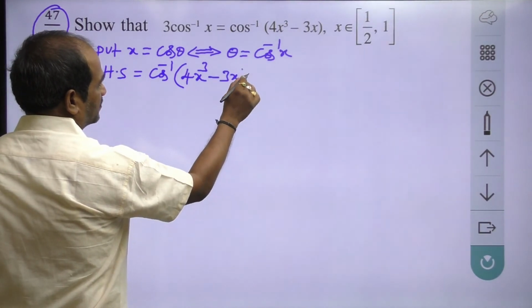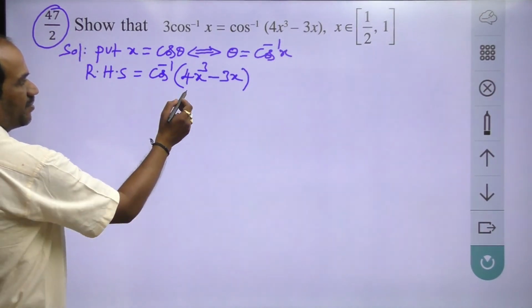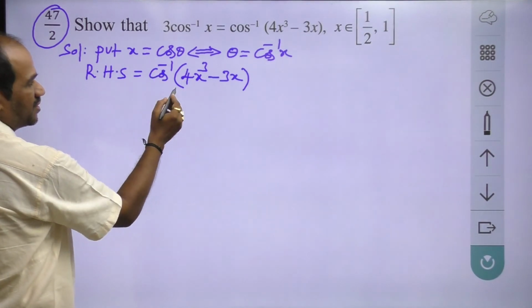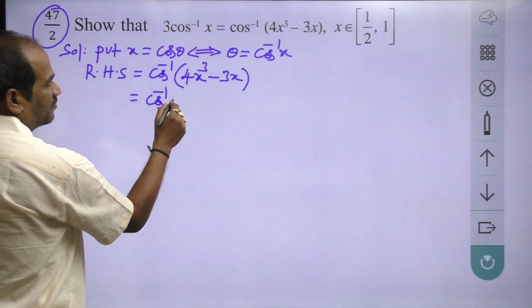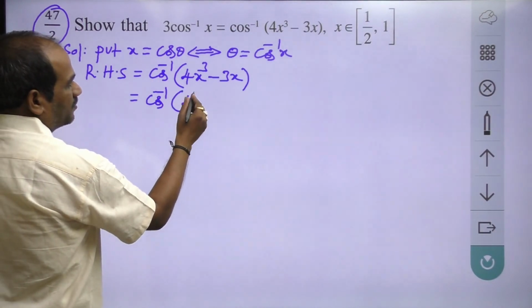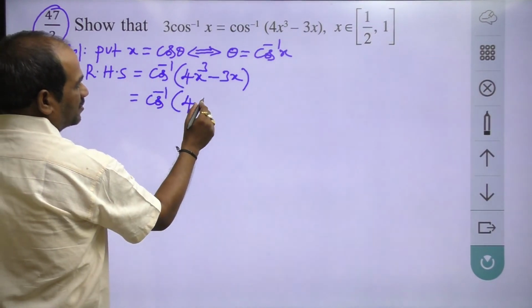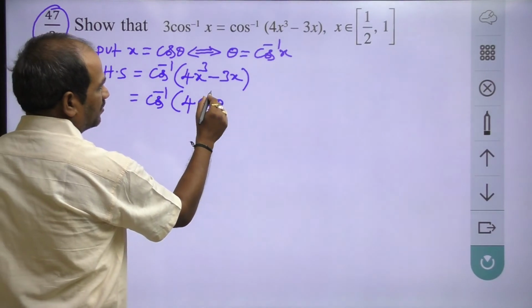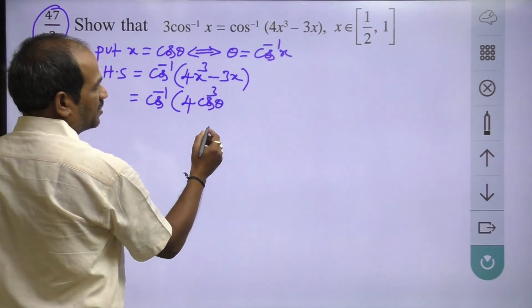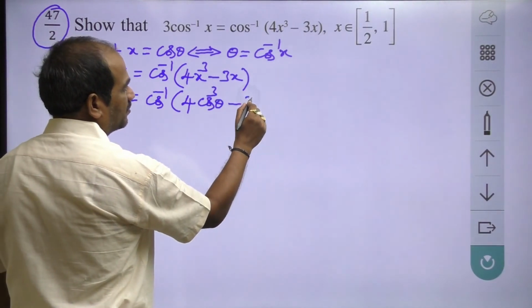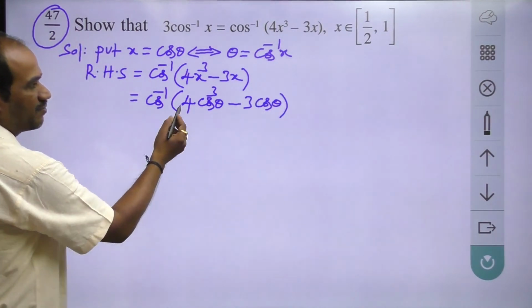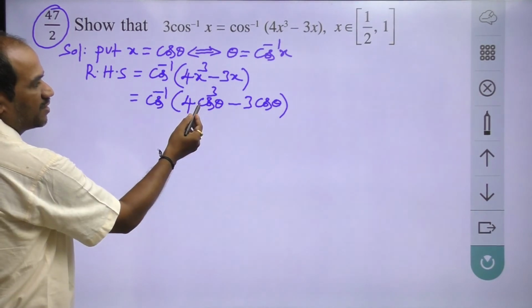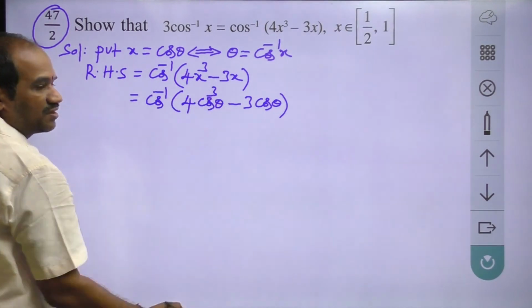Replace x by cos theta, so that is equal to cos inverse of 4 into cos theta whole cube, that is cos cube theta, minus 3 into cos theta. Replace x by cos theta: cos cube theta minus 3 into cos theta.